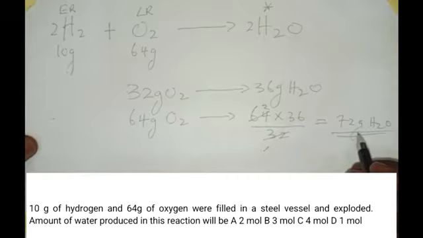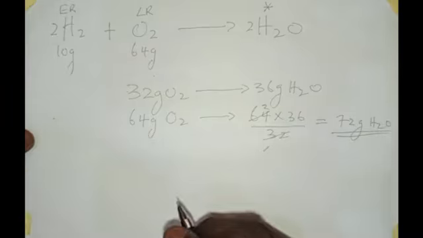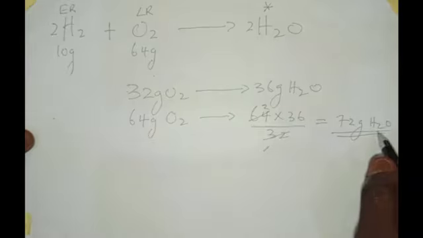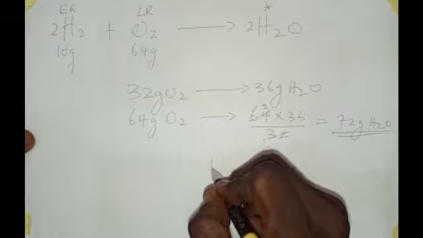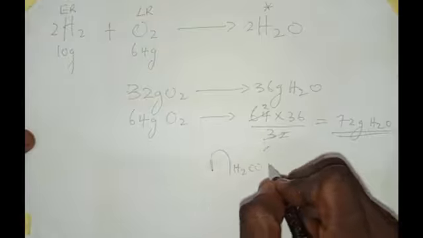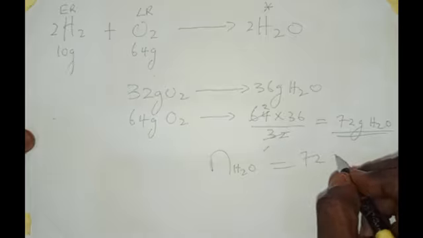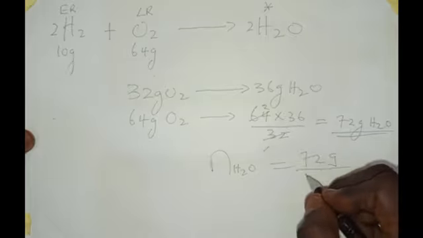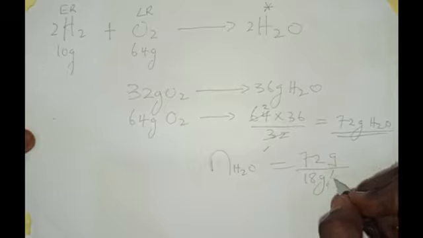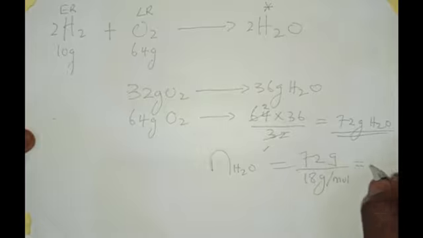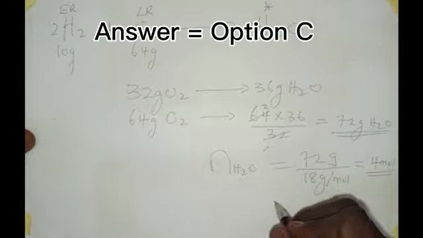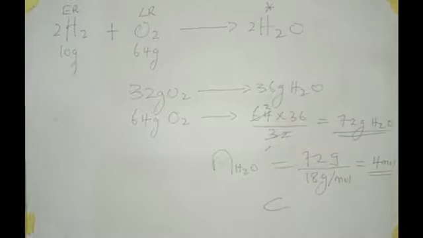I have the grams here, right? So I can convert it back to moles by dividing this amount by the molar mass. The molar mass of water is 18. So therefore, the number of moles of water here is going to be equal to 72 grams divided by 18 grams present in 1 mole of water, and that gives us 4 moles. So the correct option here is option C.